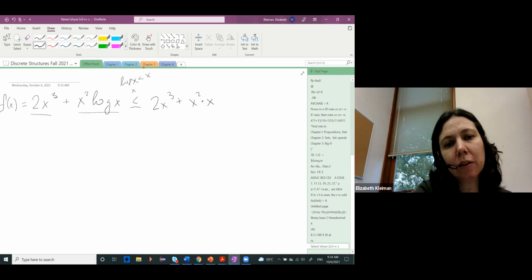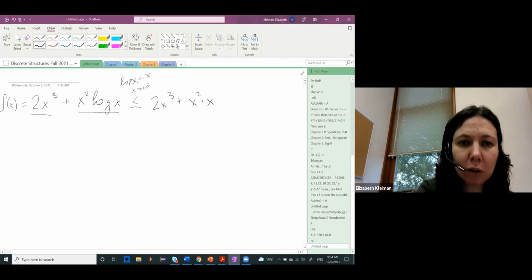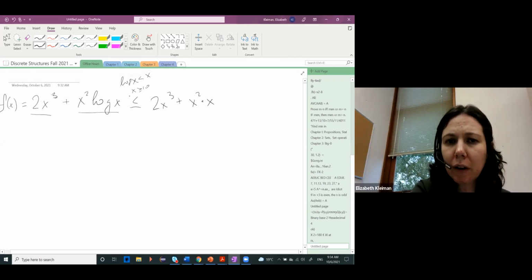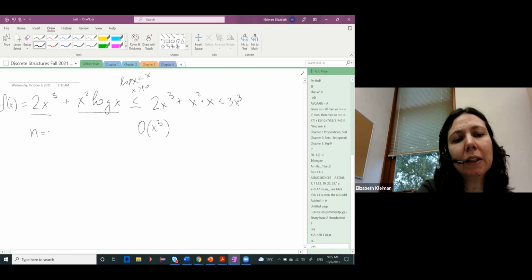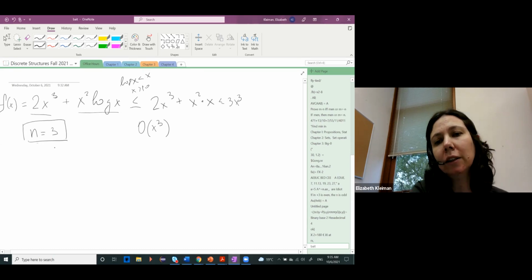This is base 10, correct? Log base 10 of 10 is going to be 1. If you take x bigger than 10, then it's for sure going to work. So in this case, I will have 3x cubed. So it's big O of x cubed, and my answer should be n is 3. That's the answer I'm looking for.